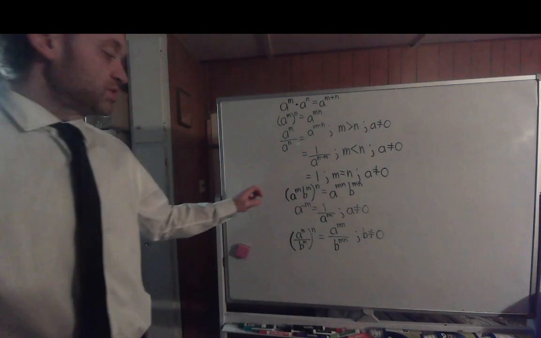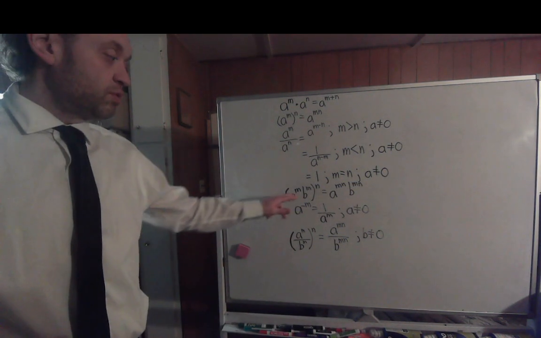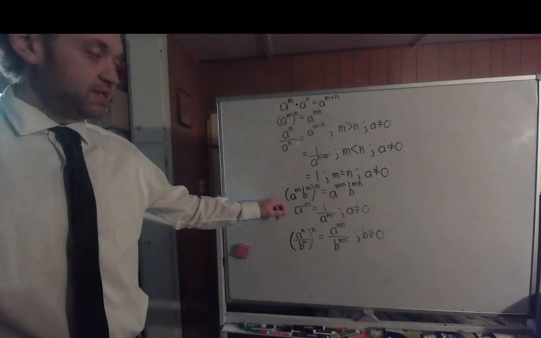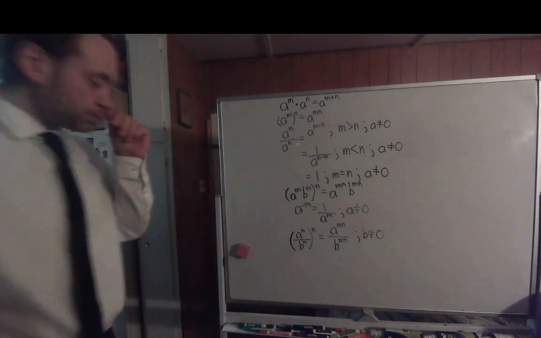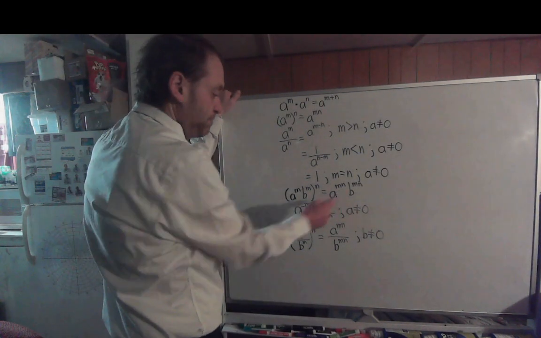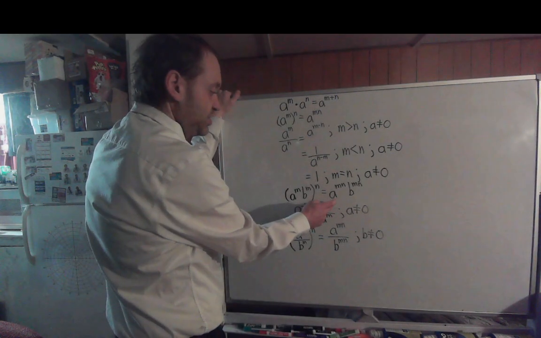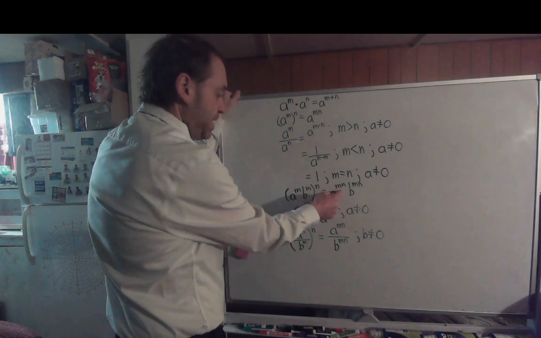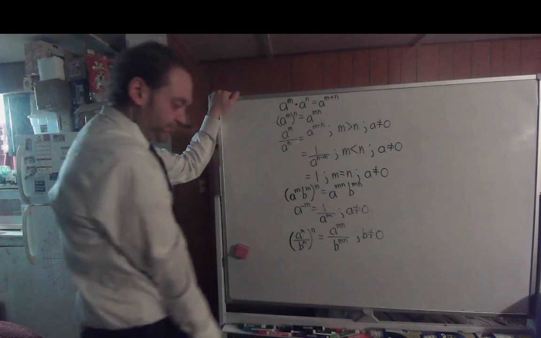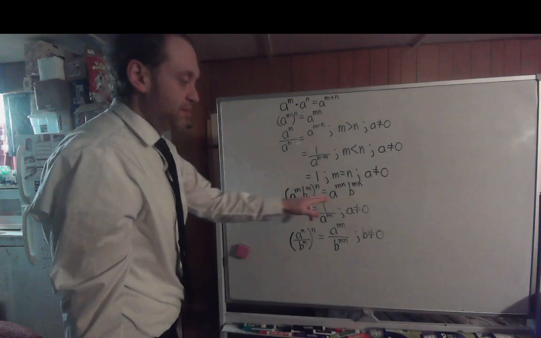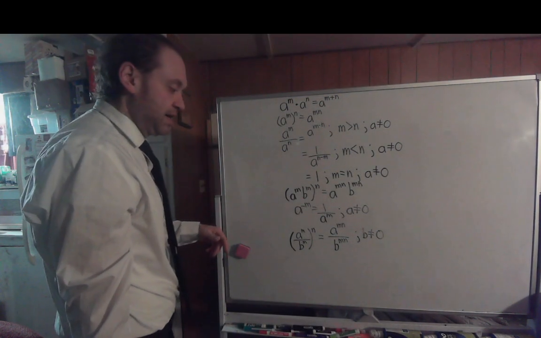And then, of course, if you have two or more bases in parentheses that have powers raised to a power, it's the same as taking both bases to their powers times the power outside the parentheses. It's literally just more than one power to a power at the same time.